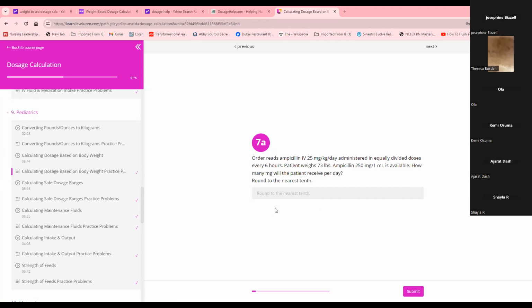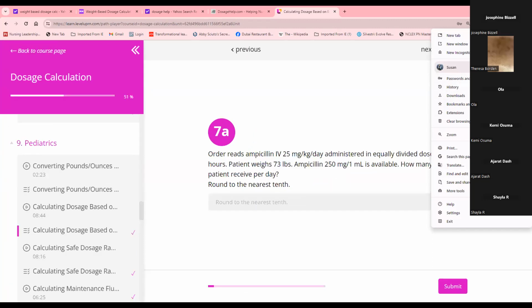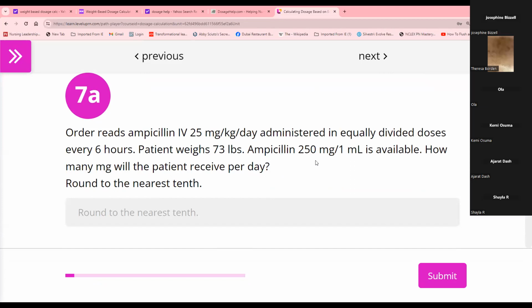All right, so let's look at the first one here. Can you guys see the question? Yes. Okay. So this one, as opposed to mLs, it's asking us for milligrams.